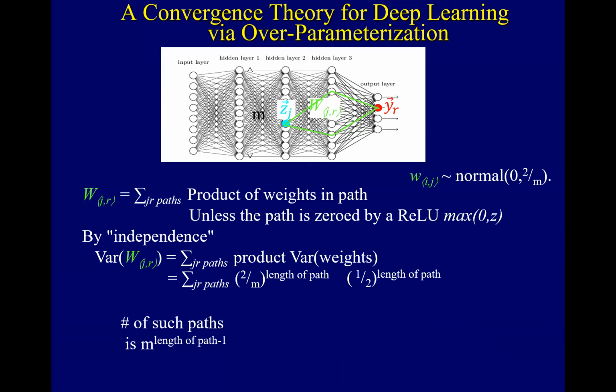And how many paths do we have? Well, it's m to the length minus 1, because here the length is 2 and here we're only multiplying by m, so there's the minus 1 there. It all works out to be what we got before. Basically it says that many long paths do basically the same as what one path does.